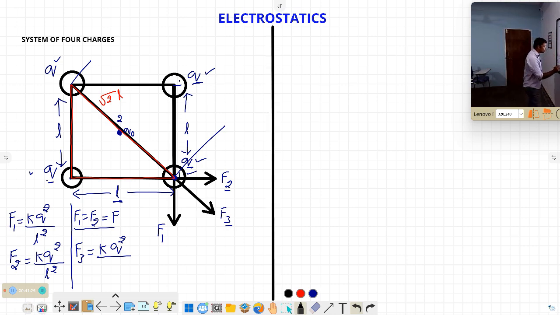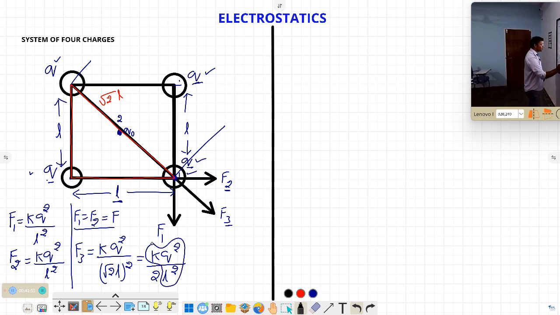According to the formula, K into Q square by the square of the distance. What is the distance you got? Root 2 L whole square. So if you write it in order, you get K into Q square by, the root 2 and the square cancel, that is 2 L square. So what is K into Q square by L square?